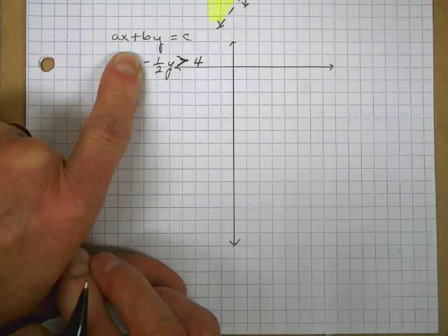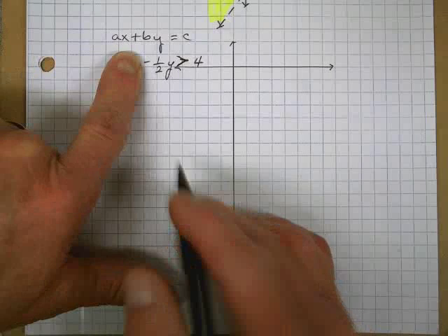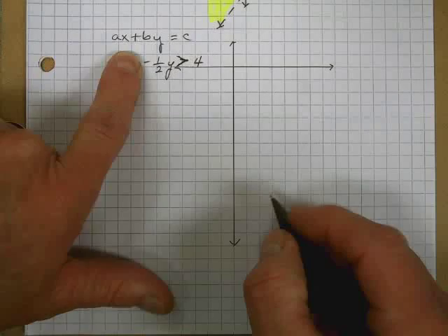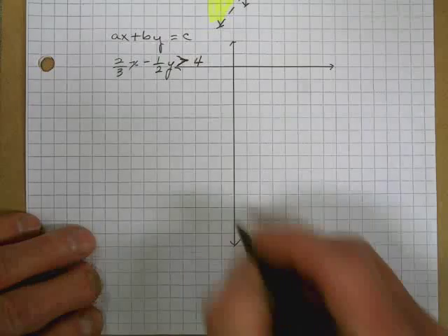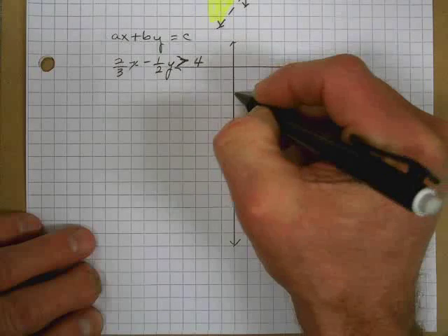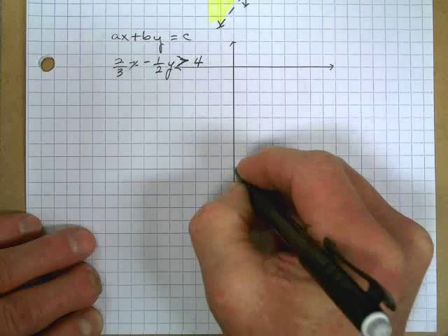If I multiply both sides by negative 2, the result is y is less than negative 8. So our y-intercept in this case is going to be negative 8. 1, 2, 3, 4, 5, 6, 7, 8.